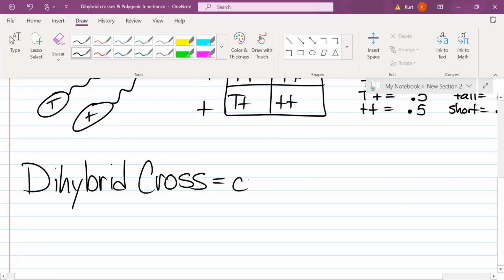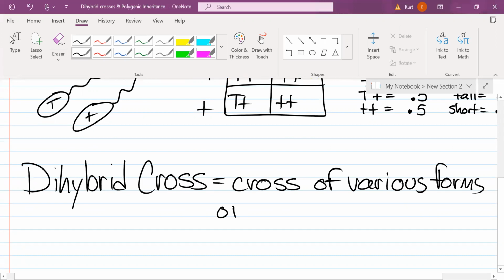A dihybrid cross is a cross of various forms of 2 traits at the same time.